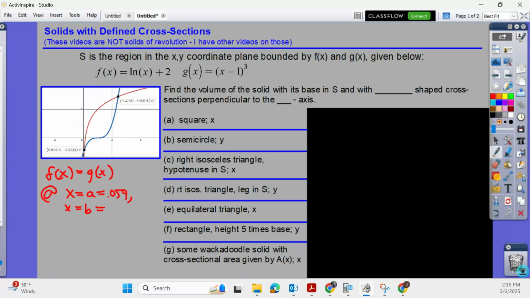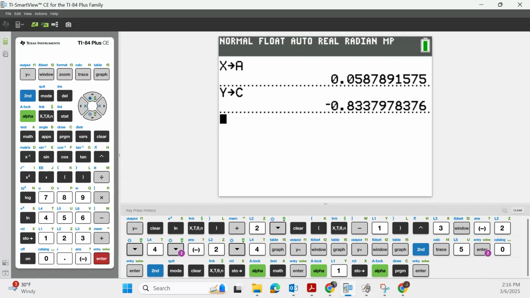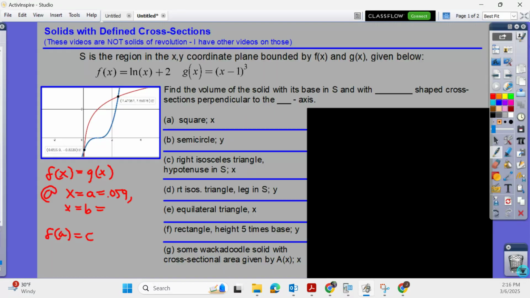And then for the y value, I'm going to say f of a is c, which is that value I just had, negative 0.834. And then I want to do the same thing when I find the other intersection point, f of b. I'm going to call that d, and I'm going to put its y value there.